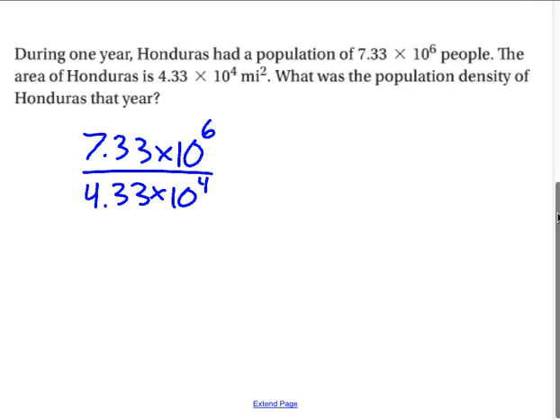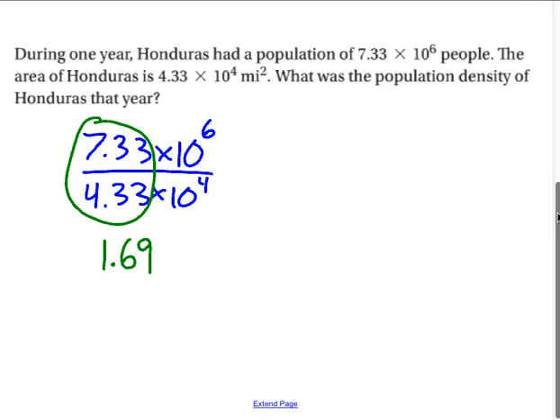So again, just referencing scientific notation. This works very similarly to the multiplying side of scientific notation. Okay, so just like when you're multiplying, you first deal with these normal numbers out front. And those normal numbers out front, in this case, we're dividing. So I just take 7.33 divided by 4.33. That's going to give me approximately 1.69.